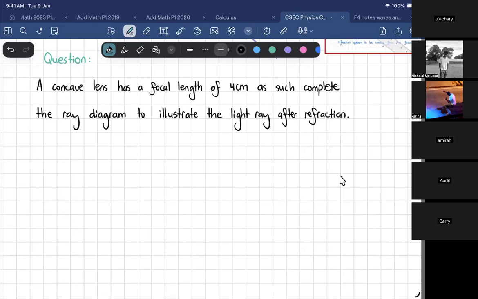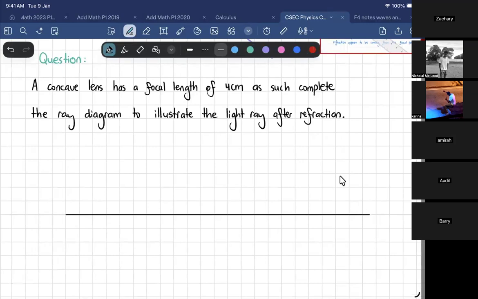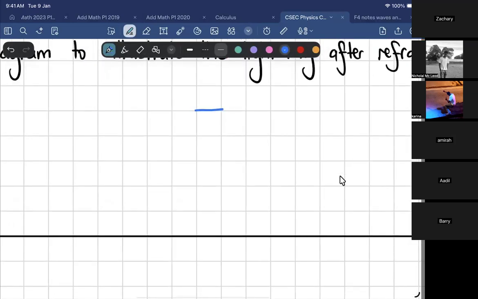So, guys, what do I call this black line over here? Could somebody remind me what the name is? Principal axis. All right, that's the principal axis. I'm going to draw my lens now.